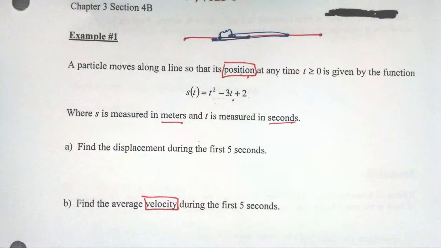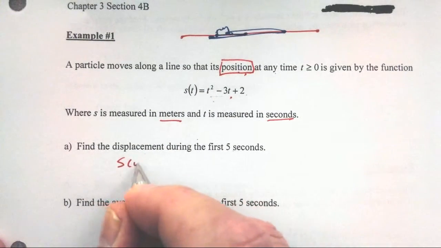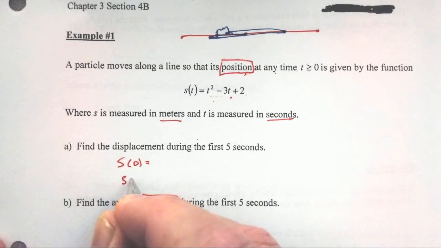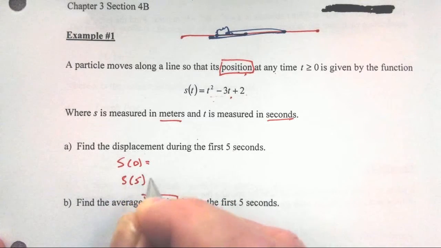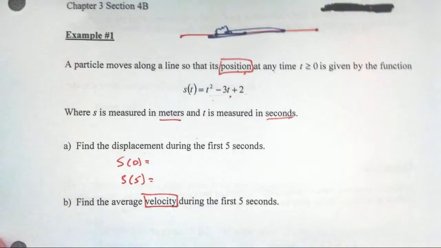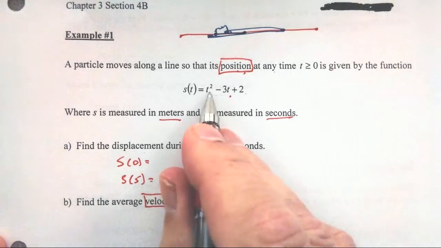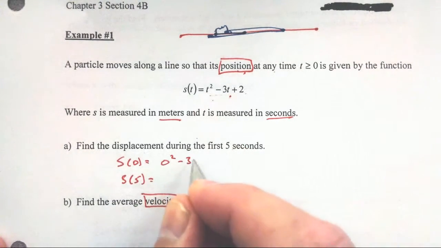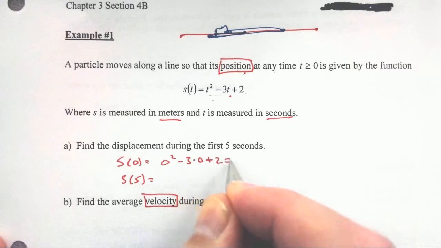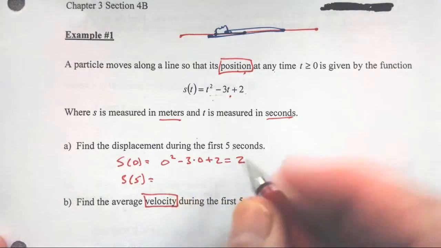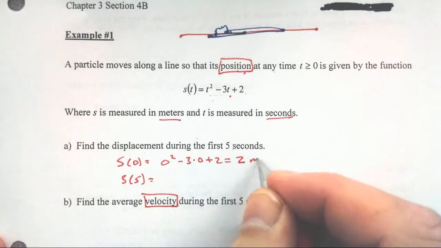So all I need for my displacement is my position at time 0 and my position at time 5. My position at time 0 is 0 squared minus 3 times 0 plus 2, or 2. What are we dealing in? Meters.